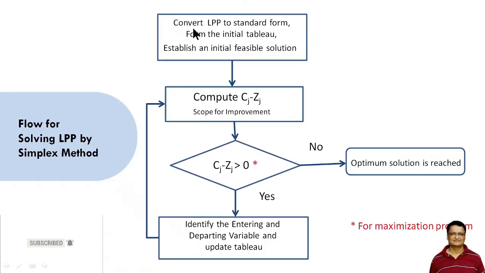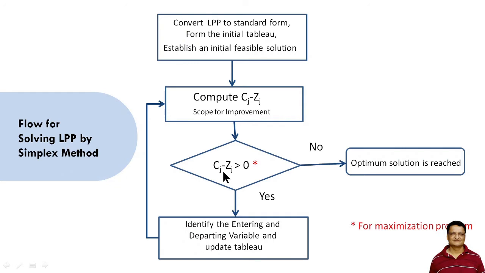Now if we look back at what steps we have completed, we have converted the LPP into standard form, we have created the initial table, we have established the initial feasible solution, and we have computed the value of Cj minus Zj. This Cj minus Zj value indicates the scope for improvement. Now we are at this stage.